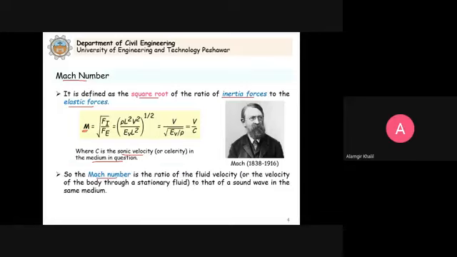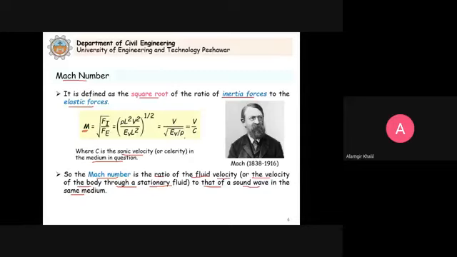So the Mach number is the ratio of the fluid velocity, or the velocity of the body through a stationary fluid, to that of a sound wave in the same medium. You remember this C, we already calculated as square root of EV by rho. You remember water hammer in the previous course, we developed this equation and I derived this equation for you. This EV is the volume modulus of elasticity and rho is the density of the fluid.